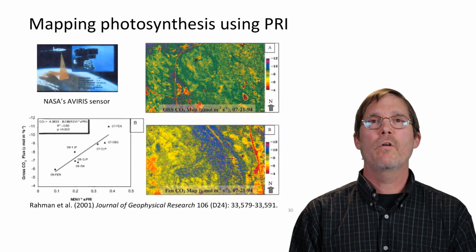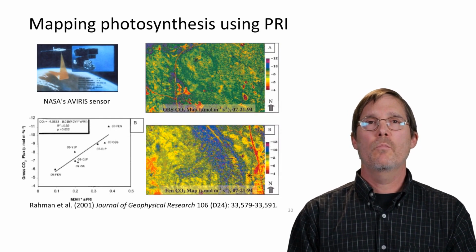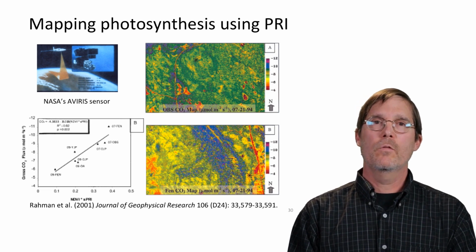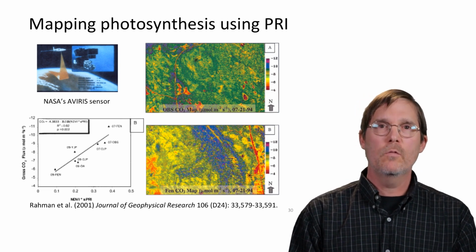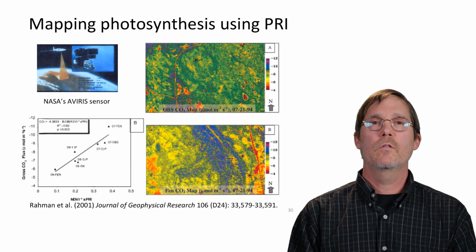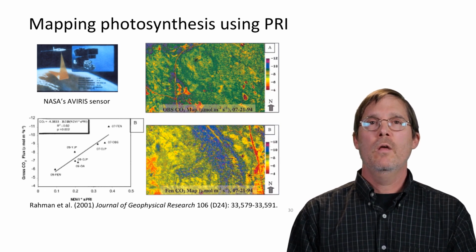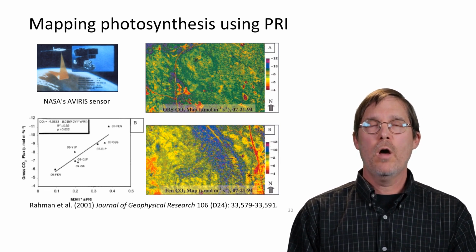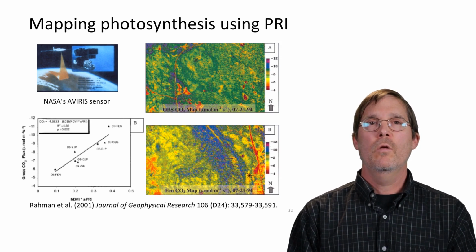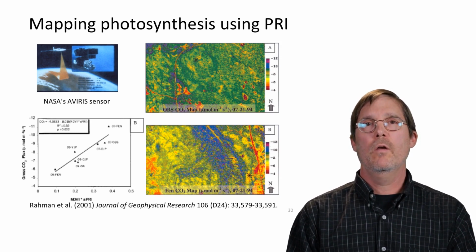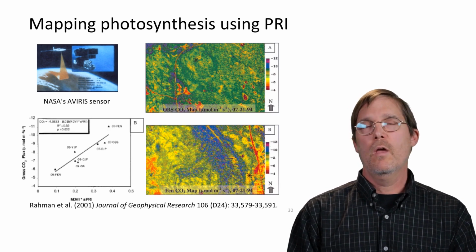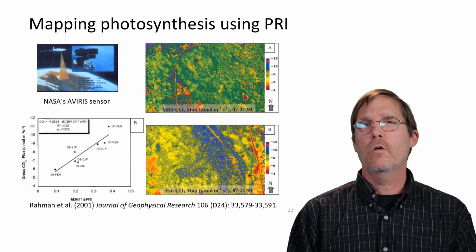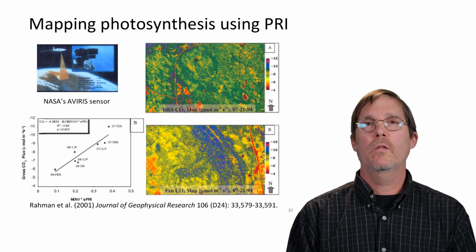Similarly, a colleague of mine, Faiz Rahman, did a study in the boreal forest using the AVIRIS sensor, where the PRI is put into a model to measure light use efficiency and combined with NDVI, and that modeled product is compared to the carbon flux measured by eddy covariance of various boreal forest sites. And in this case, we see a significant relationship between this model and the carbon flux.